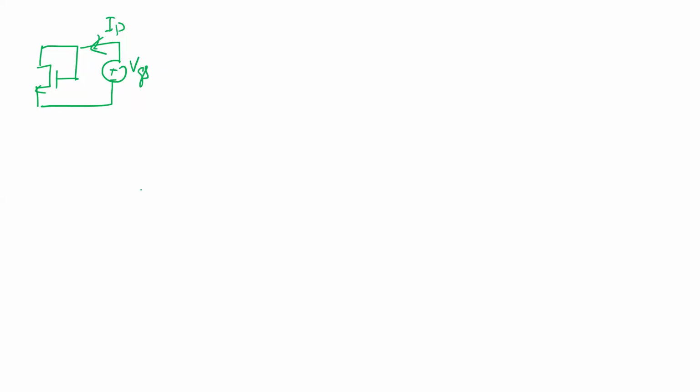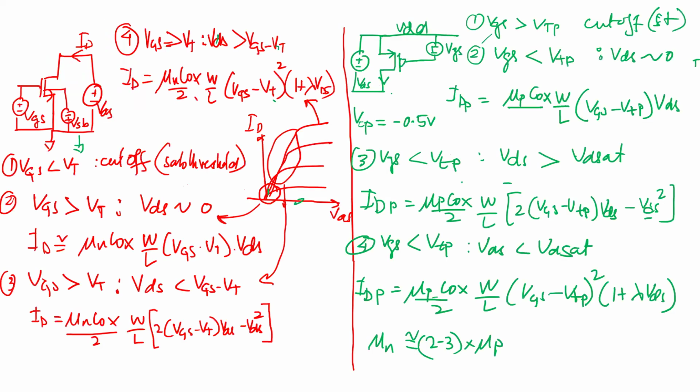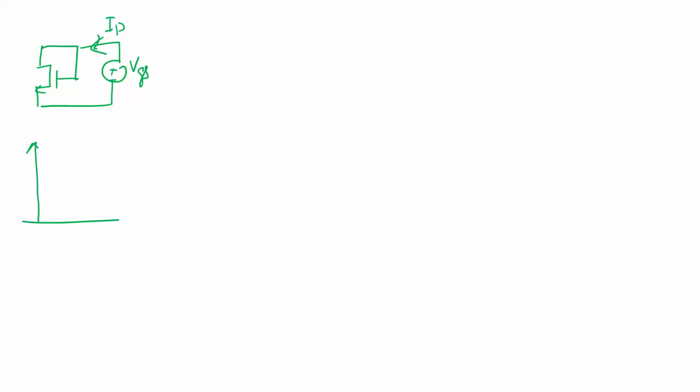And if you remember the VGS versus ID curve, what I drew in the previous slide, this one is VDS versus ID for different VGSs. Here what I'm drawing is VGS versus ID, and the VDS is also varying with VGS, but it is making sure it is always in saturation, okay.